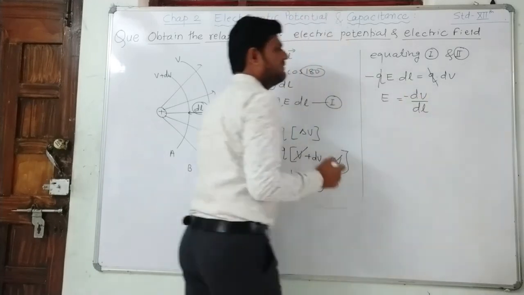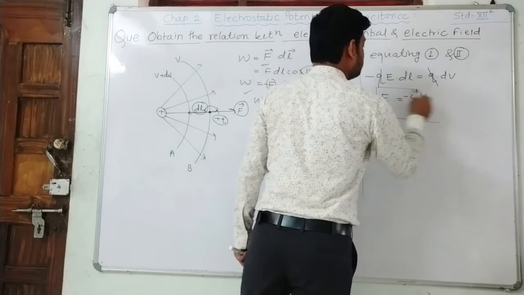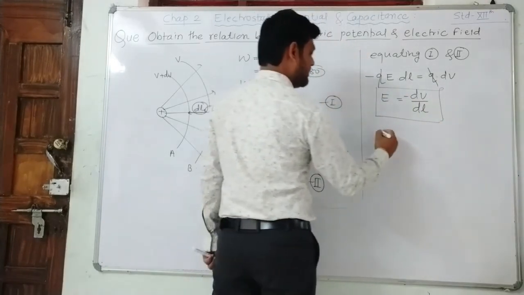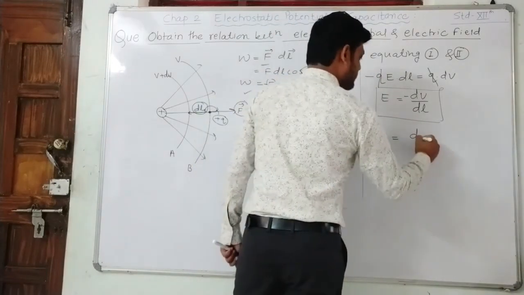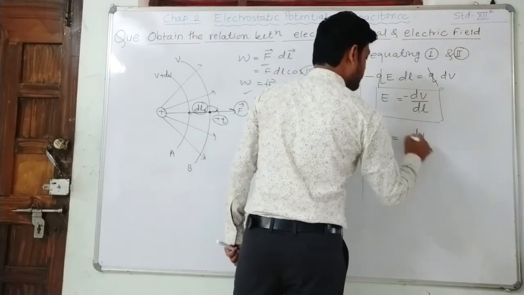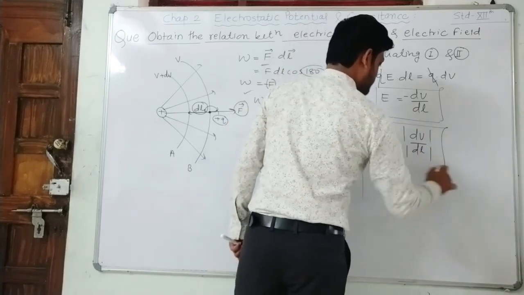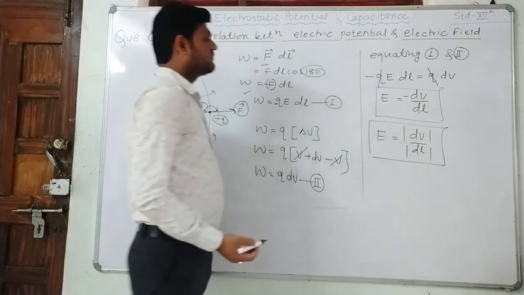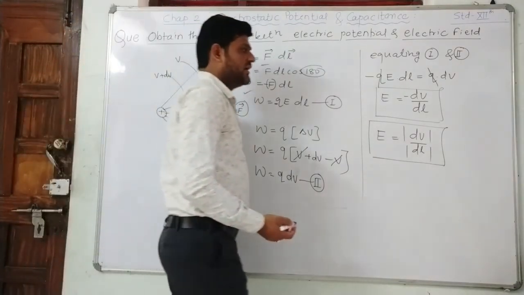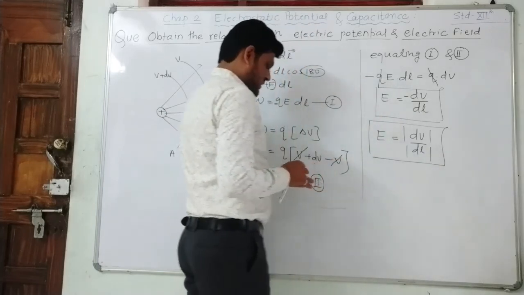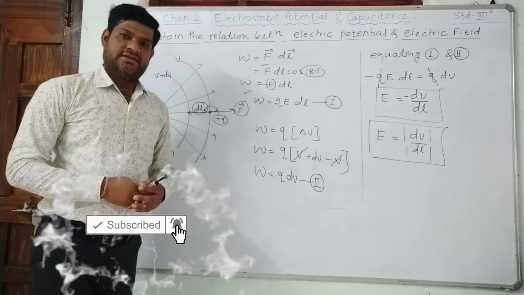This is the equation we obtain. In the form of magnitude we can also write it as dV by dl. So this is the relation between electric field and electric potential, right? So here is the end of this question. Thank you, students.